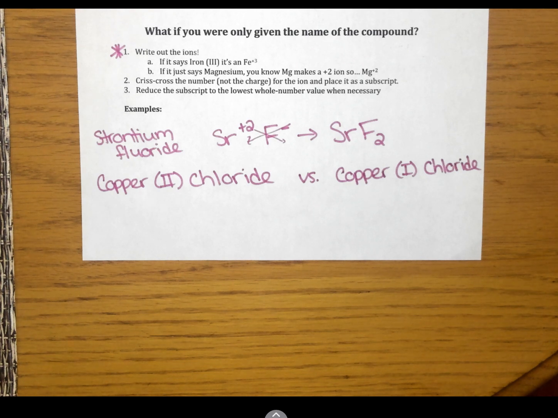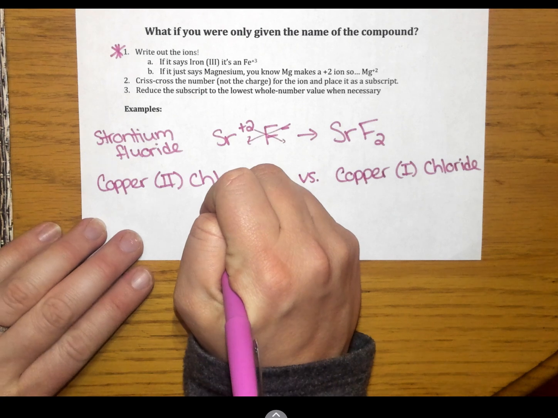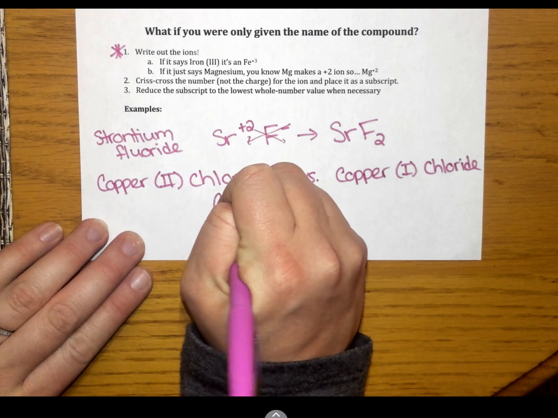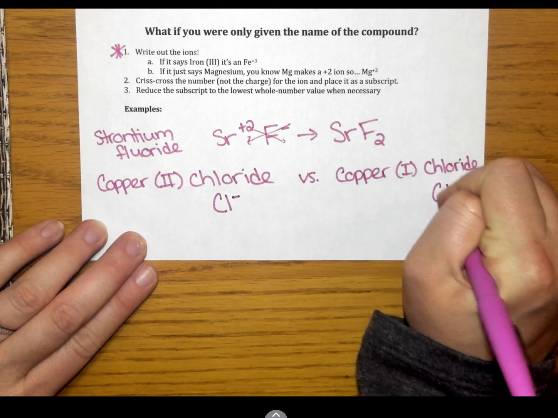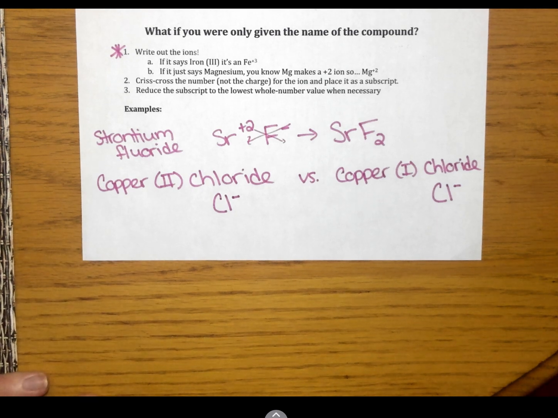For both of these compounds, my anion is chloride. Chloride is a halogen. It's in group 17. It has 7 valence electrons. Therefore, it's going to gain 1 to make a -1 charge. So in both of these compounds, my anion is Cl-.